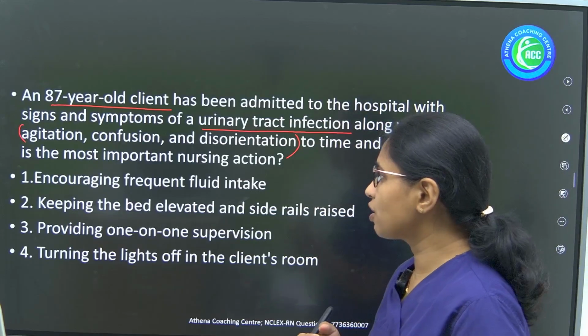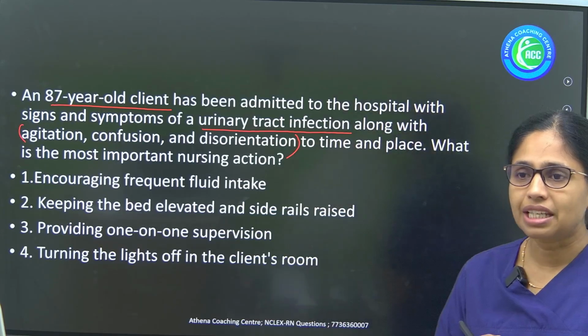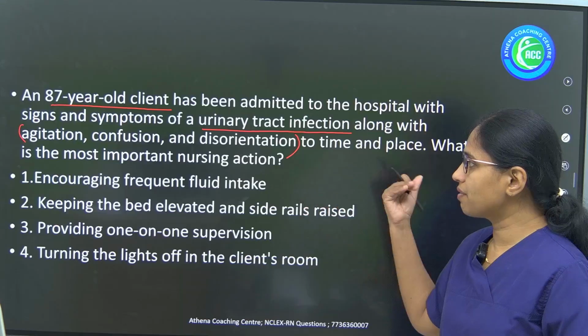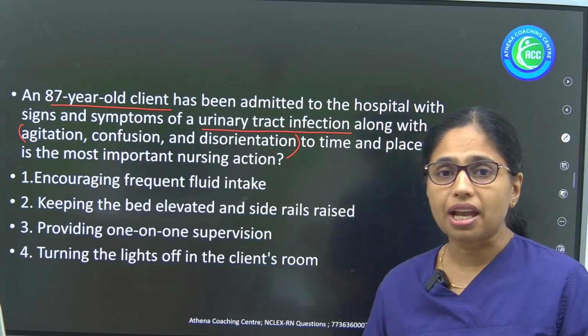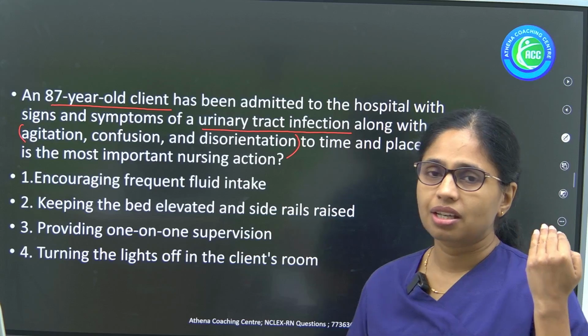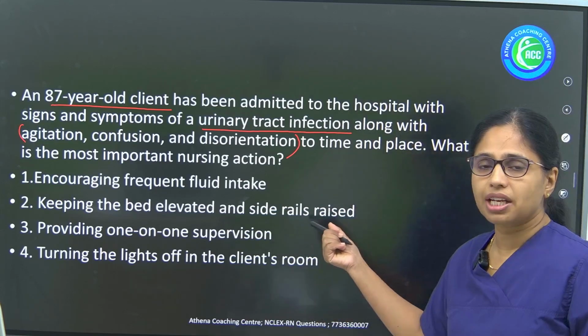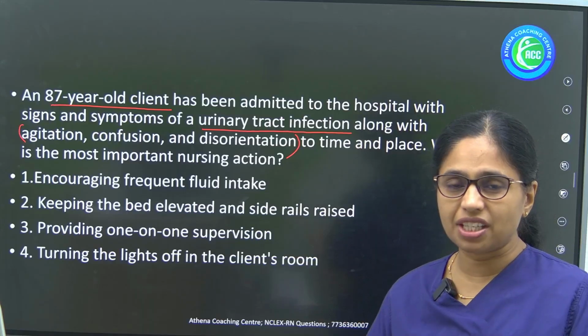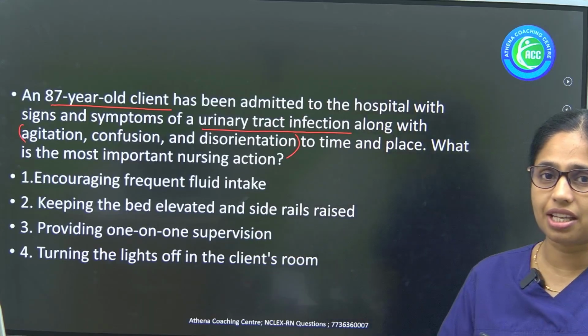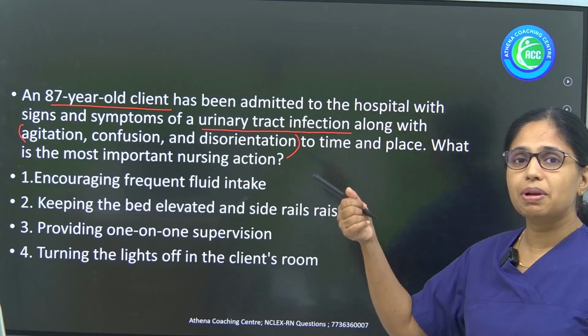What about the first option? You can keep it, right? Encouraging frequent fluid intake. What about the second one? Keeping the bed elevated and the side rails raised. Raising the side rails always protects the patient's safety. But what about keeping the bed elevated?